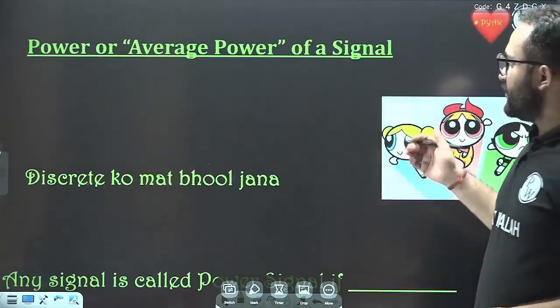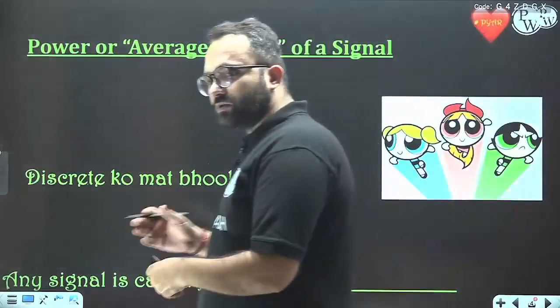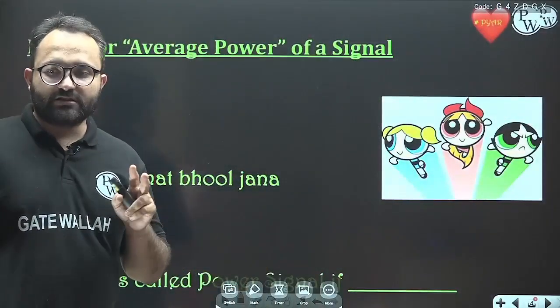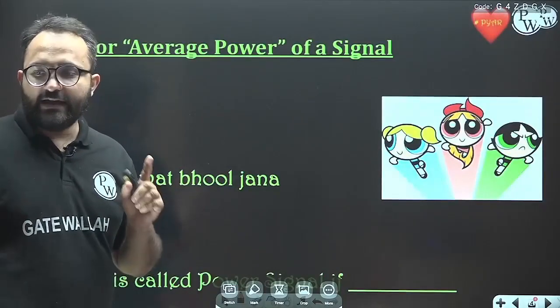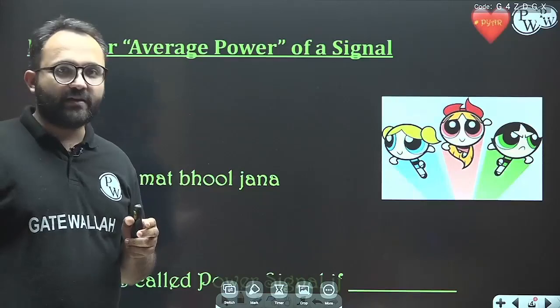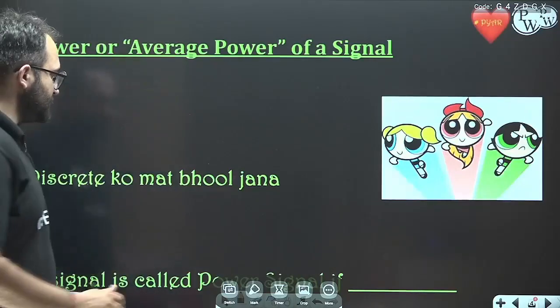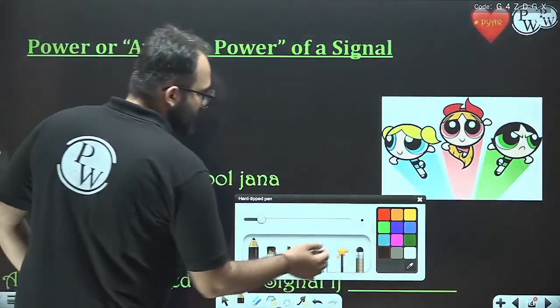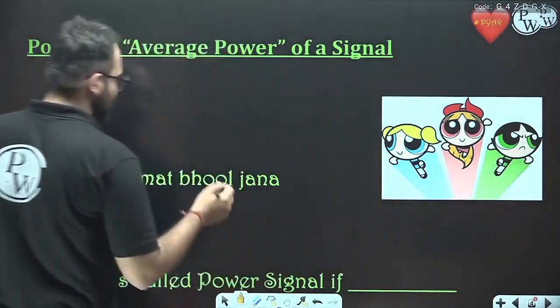So let's continue. We know from the last lecture that only two types of signals are power signals: periodic signals, and signals which have constant amplitude for infinite duration. Let me write this.